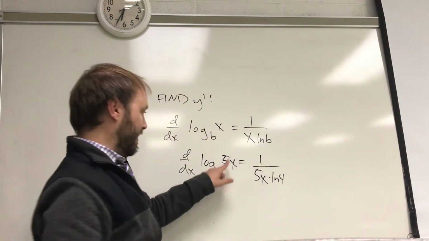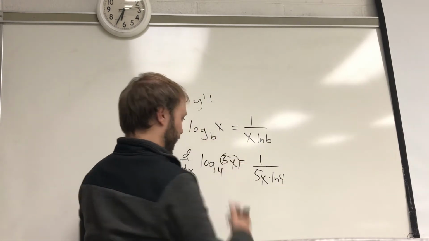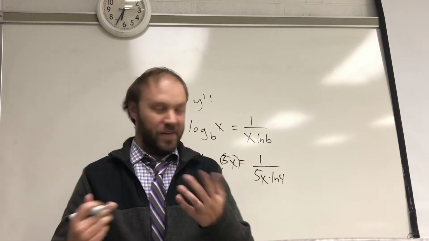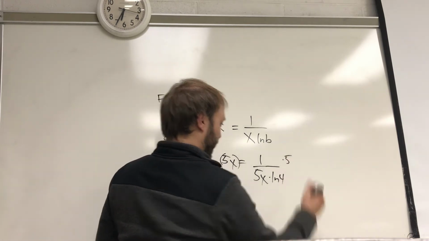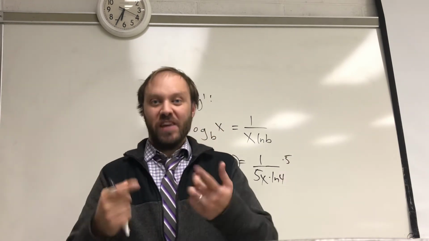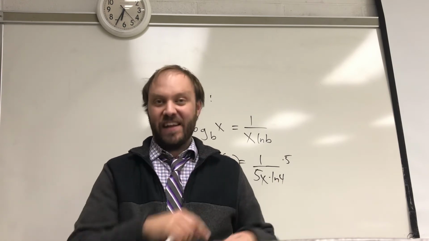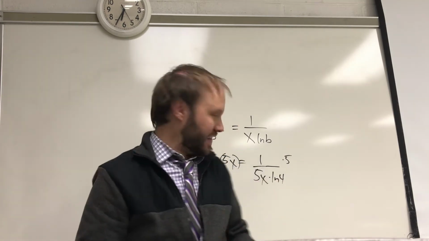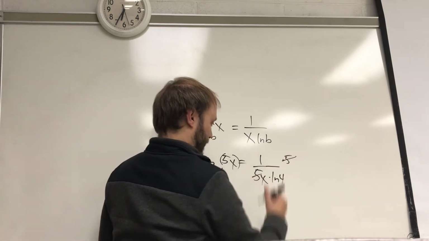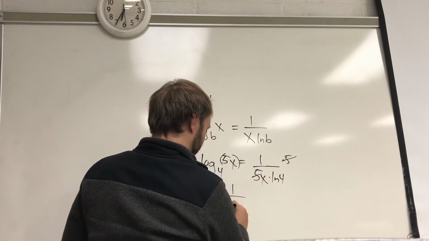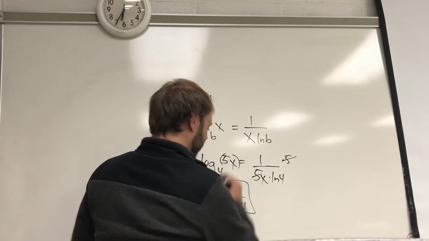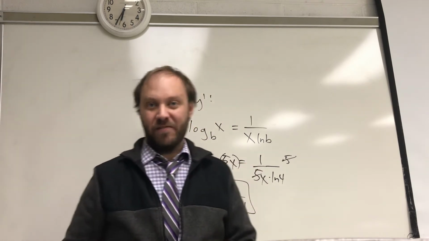And then the chain rule is always with us. You've got that 5x on the inside there. Derivative of the inside function is going to be 5. That'll show up in the numerator. And just like when you take the derivative of the natural log of 5x, the 5's cancel and you end up with just 1 over x again, same kind of thing is going to happen here. You're going to get 1 over x ln of 4, even though you had a 5 in your inside function.